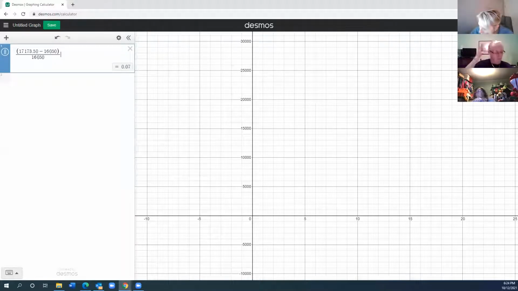And if you do them all, there's not room here. It'd be nice if they did that in the table so we could show, but it looks like the relative change for all of them is 0.07. Correct. So 0.07 means we have a 7% increase, because that's our relative change or percent change.